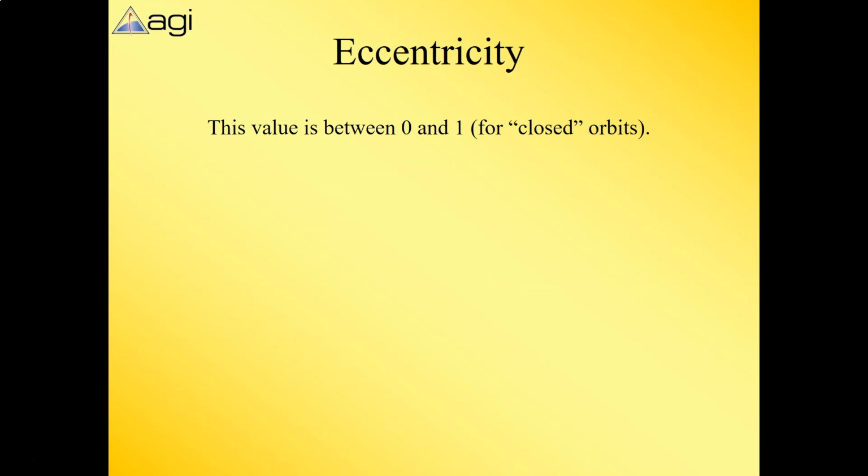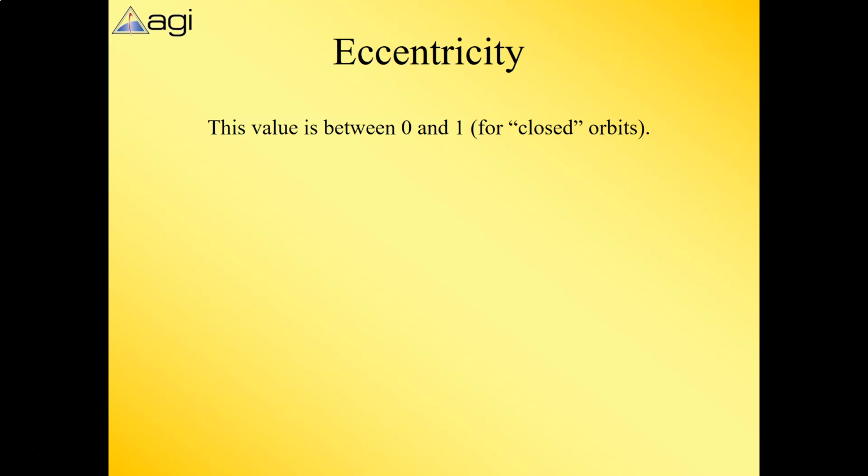Eccentricity has a value somewhere between 0 and 1 for only closed orbits. But once the eccentricity equals 1, we're getting into what's referred to as open orbits. Open orbits can be parabolic, an eccentricity of 1, or hyperbolic, an eccentricity that's greater than 1.